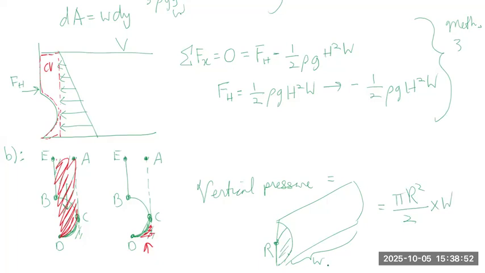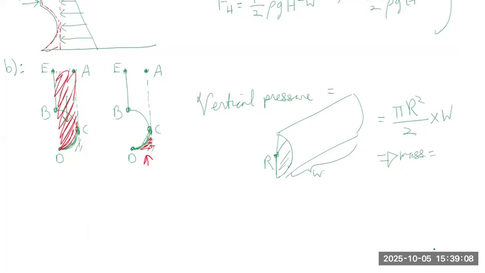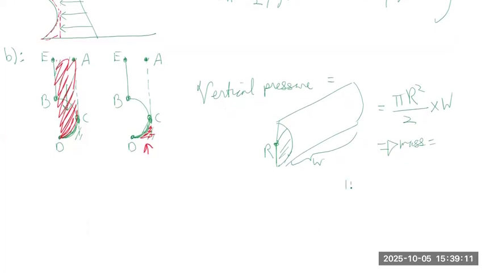And volume times rho, volume times density, will give us the mass. So the mass will be equal to this volume, which is pi R squared over 2 times the width, multiplied by rho, which is the density, which is mass over volume.